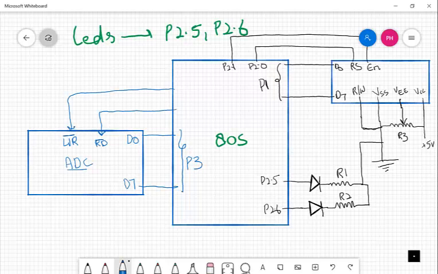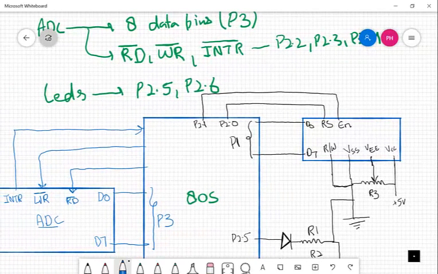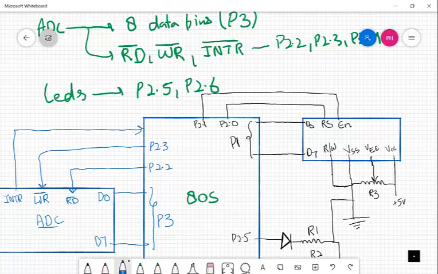And we also have the interrupt pin, INTR, that's actually an output of the ADC. As we have already mentioned, read will be connected to P2.2, write to P2.3, and interrupt to P2.4.